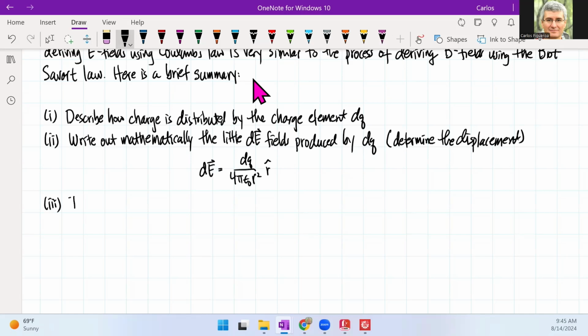And then finally, we integrate over all of the dq contributions at the observation point.